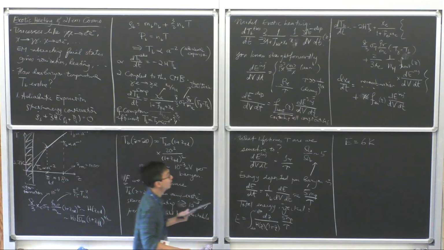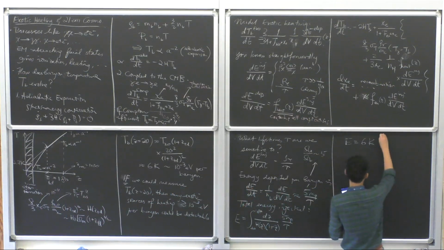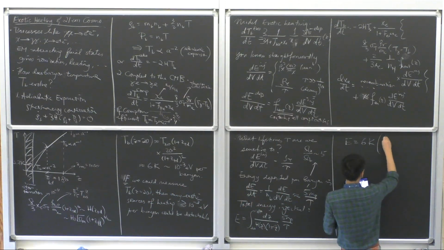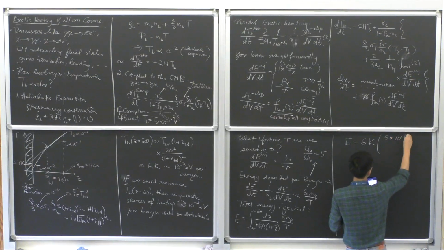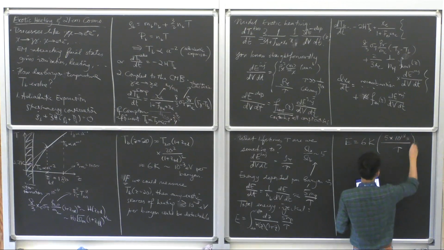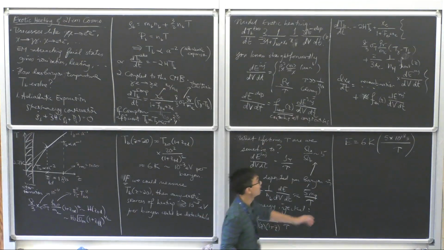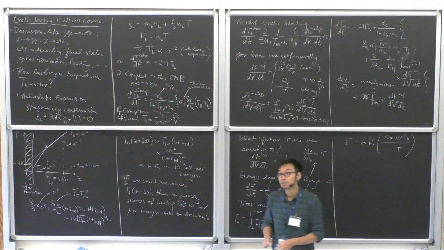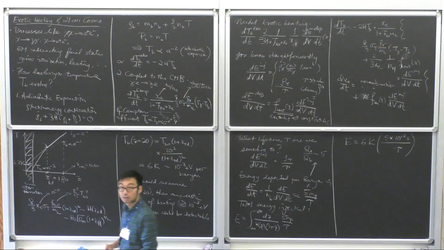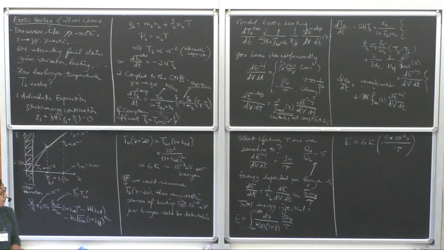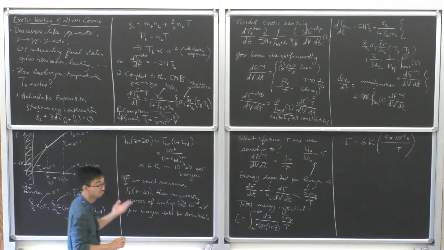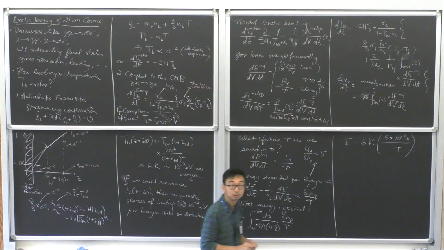And so the energy deposited per baryon is 6 kelvins times 1 over tau, and you would get 6 kelvins if tau is 5 times 10 to the 28, which is based on our current limits on dark matter decay, it's like 2 orders of magnitude stronger.